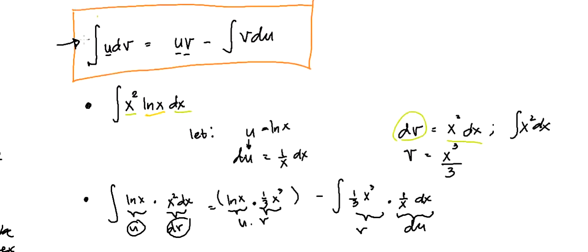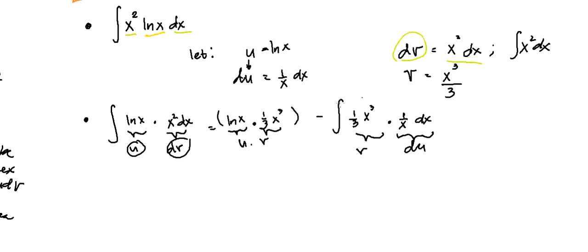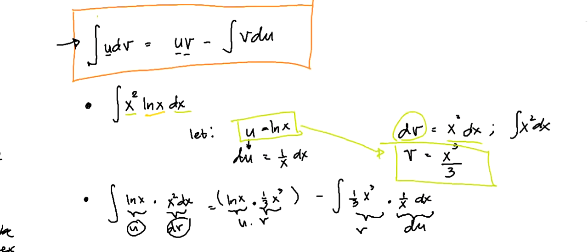So using our formula, the integral of u dv is equal to uv minus the integral of v du. By doing that, we let ln of x as our u and x squared dx as our dv. So we multiply u and v, then minus the integral of v du.